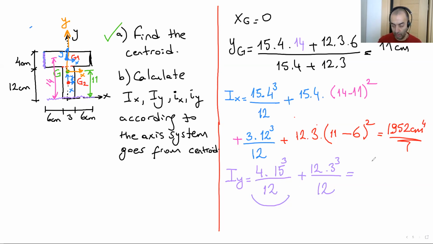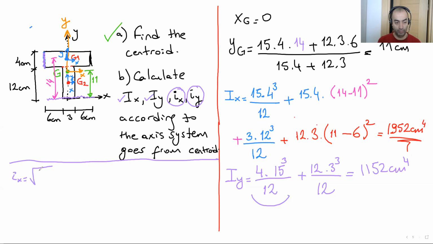If we check the result, okay. Now we have Ix and Iy. Now we are going to do the radius of gyration. What was the equation? ix equals the square root of total Ix over A. So let me calculate the area.